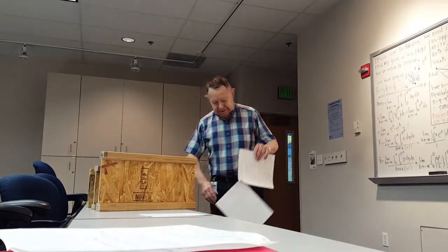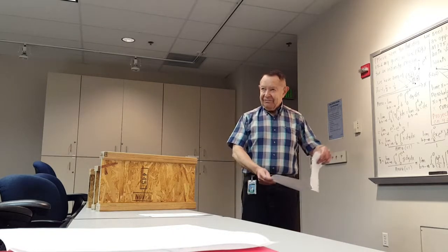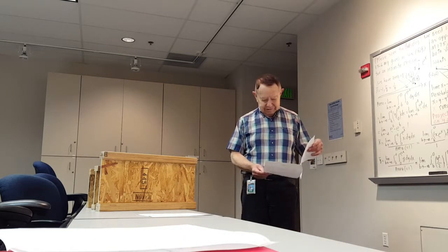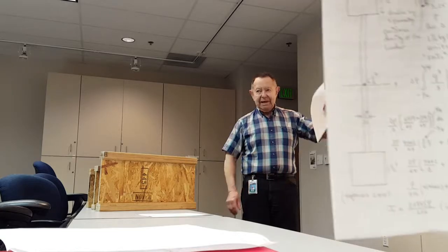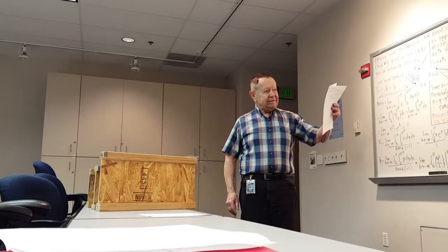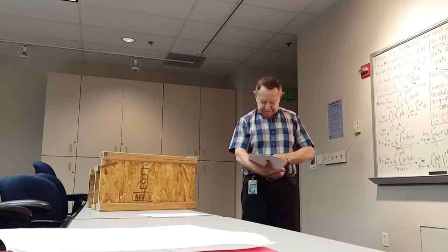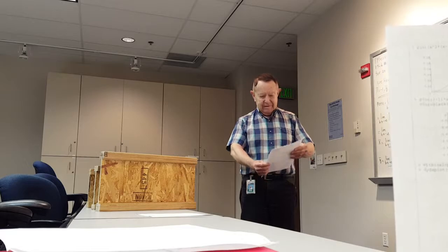And you get the same relative conclusion, even though the numbers are different. But then look at the back page, and you see I've used Maple to plot the x squared times x minus 1 squared.